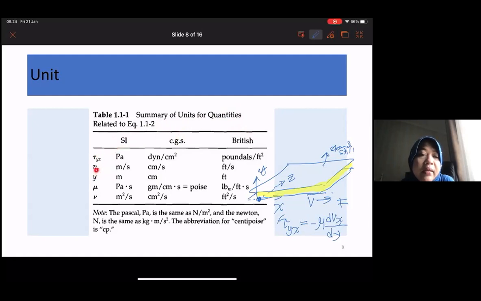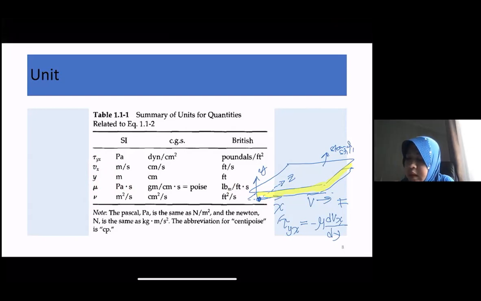The velocity is in meters per second, the distance between the two plates is in meters, and mu, the viscosity, is in Pascal second. And we also have nu, which is called the kinematic viscosity.